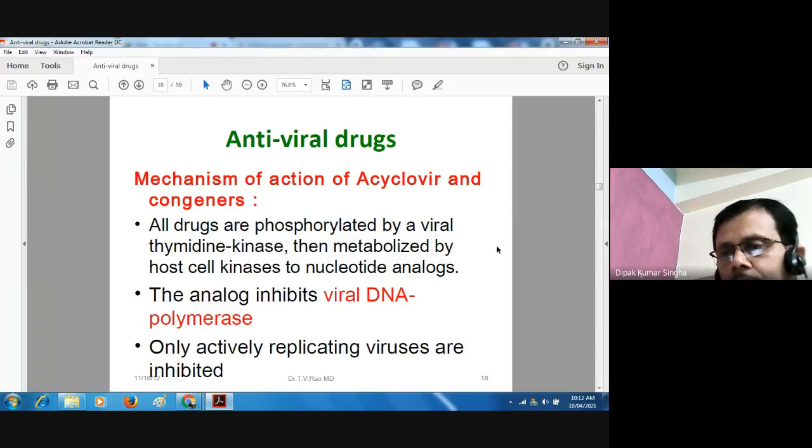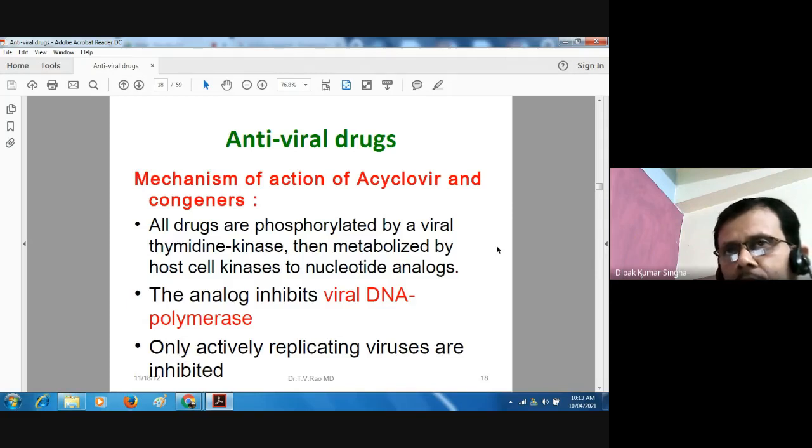So only the activity of replicating the virus is inhibited. In the case of acyclovir, it generally inhibits the thymidine kinase, that is, the phosphorylation. The phosphorylated form is the actual active form that helps replication. Replication is inhibited because of the viral DNA polymerase, DNA to DNA, which is called replication.